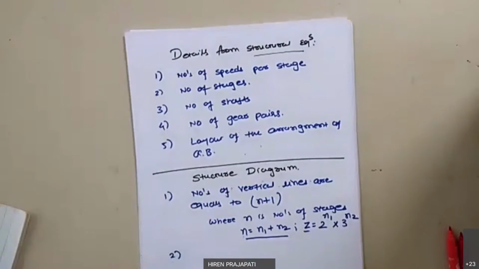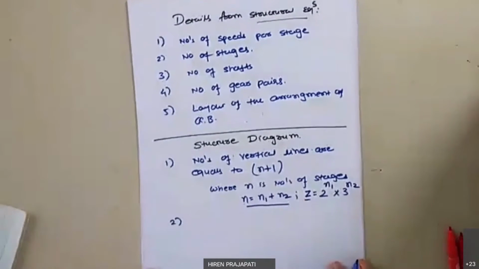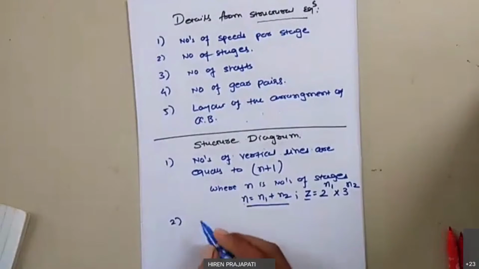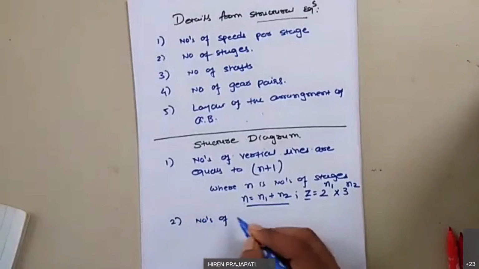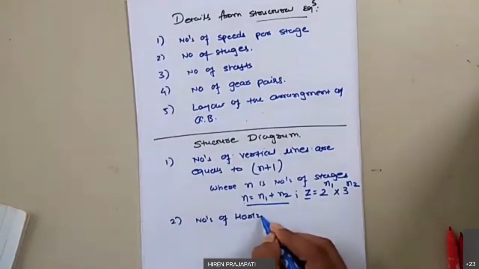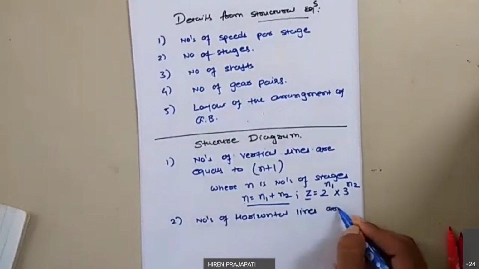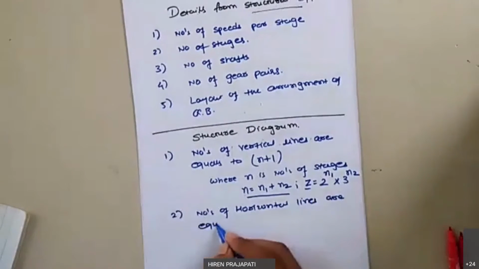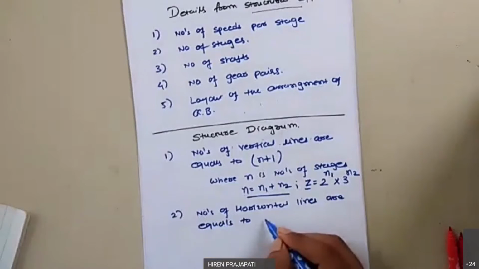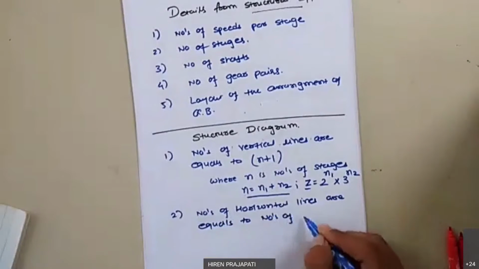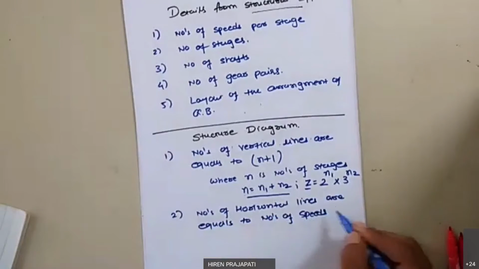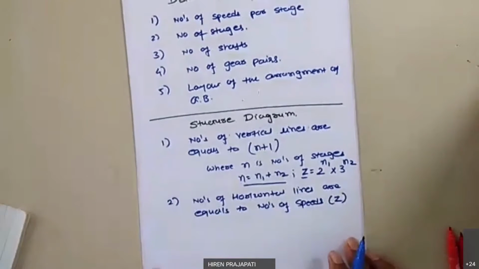Then the second rule is we need to draw horizontal lines. The number of horizontal lines equals the number of speeds available from the gearbox.